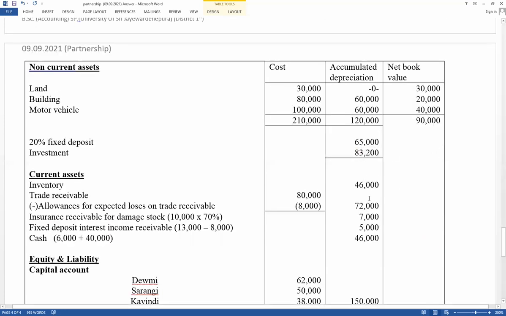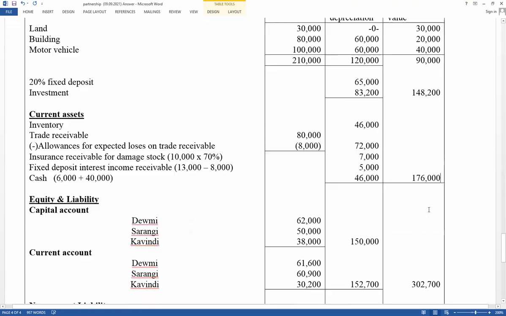Investment and fixed deposit total value equals 148,200. Then take the current assets total value also. Try to balance now. Current assets total value equals 176,000. Therefore, now take total value. Assets equal liability plus equity, 414,200. And this is the total assets.